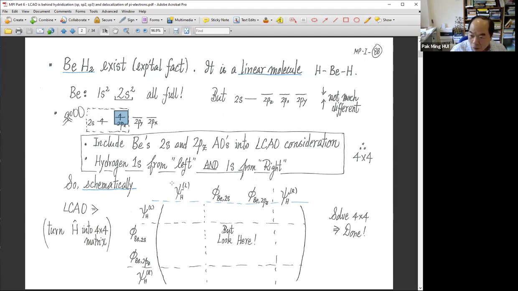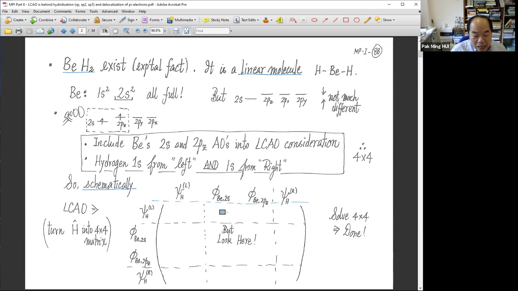Schematically, I will have a 4 by 4. So I'm trying to line up the 1, 2, 3, 4 as follows. I have a hydrogen on the left, 1s, beryllium 2s, beryllium 2pz, hydrogen 1s on the right. So in our formalism, we will call this 1, 2, 3, 4, and then we will have H11 minus ES11, etc. Do you follow me?